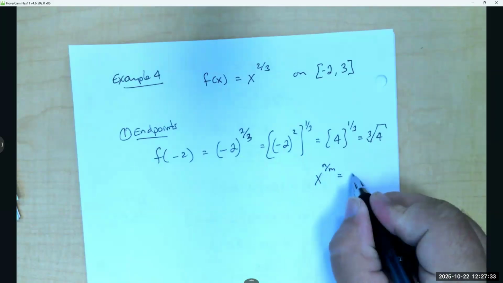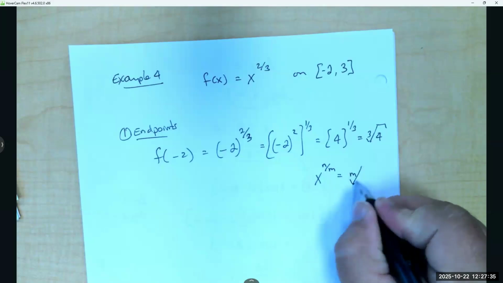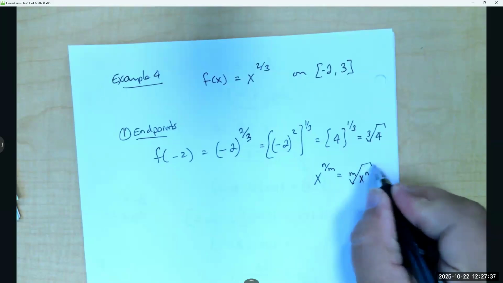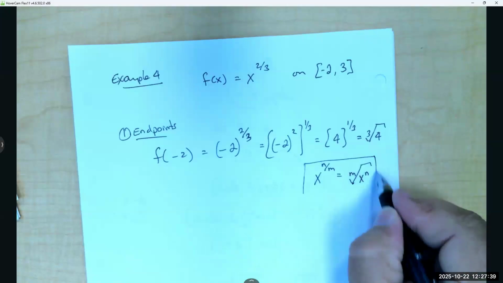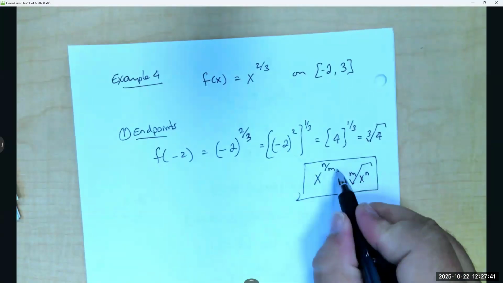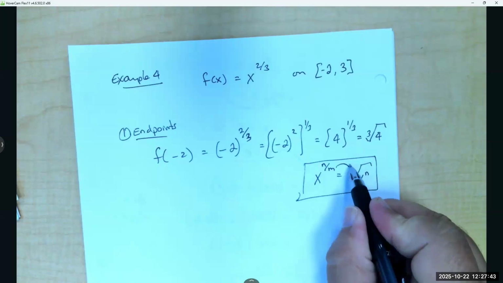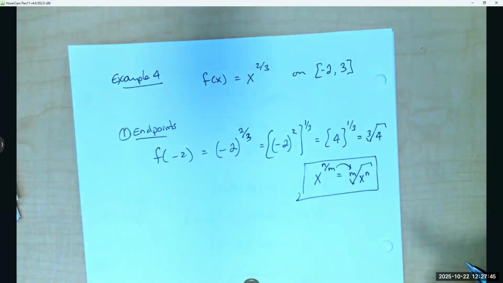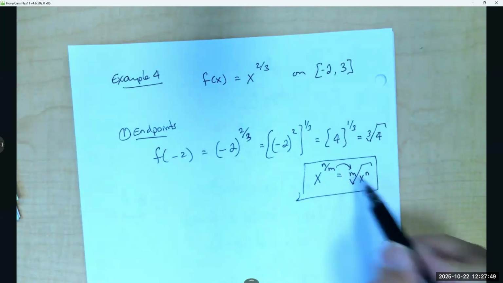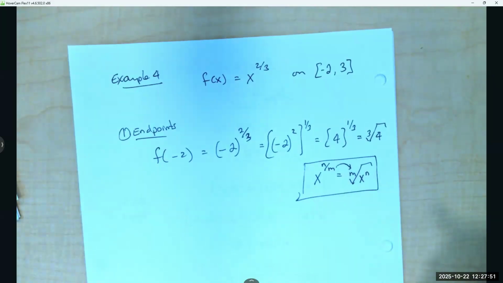It comes from this translation. Whatever the denominator is, that's the root of your radical. If your exponent is a fraction, whatever the denominator is, that's the root of your radical.